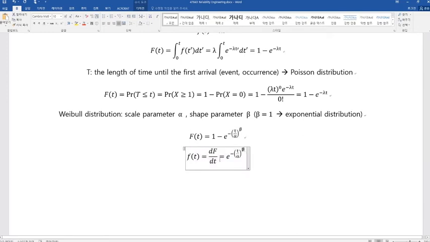This would be beta times the base to the power beta minus 1. And then finally, 1 over alpha should also be multiplied.